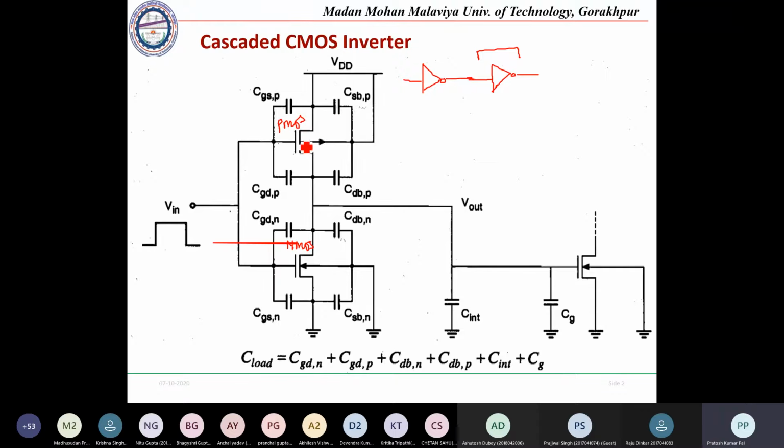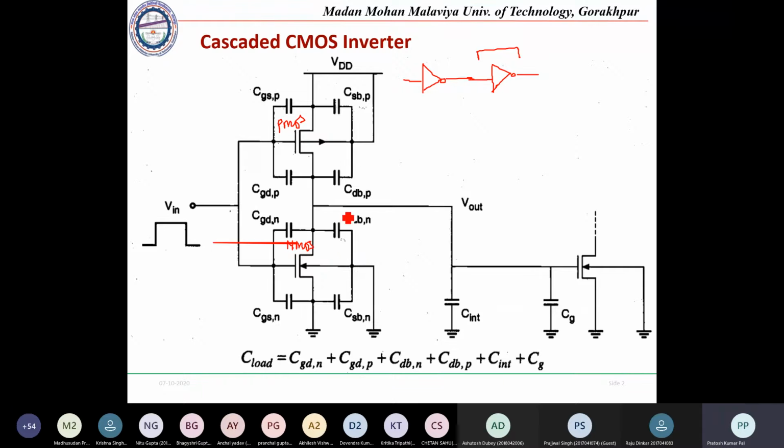So if any device, NMOS or PMOS, is connected, these are its parasitic capacitances. CGD and CGS are because of the oxide. We have seen in the capacitance section that these capacitances are because of the oxide layer, and CDB and CSB are the junction capacitances.